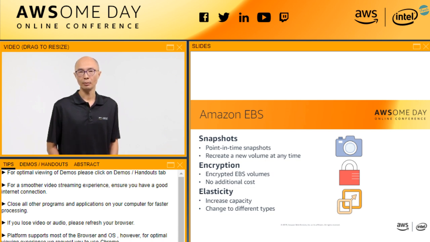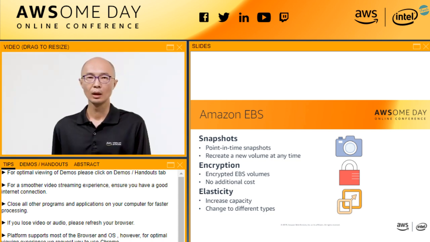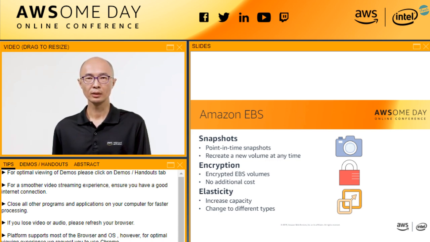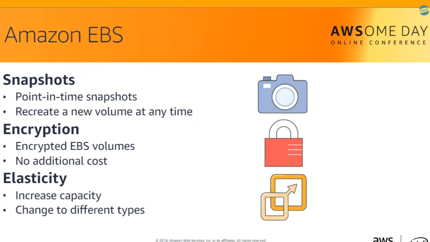You can, for example, share your snapshots from the Singapore to the Tokyo region. You can also have encrypted EBS volumes at no additional costs. The encryption occurs on the EC2 side, so the data moving between the EC2 instance and the EBS volume inside AWS data centers will be encrypted in transit.